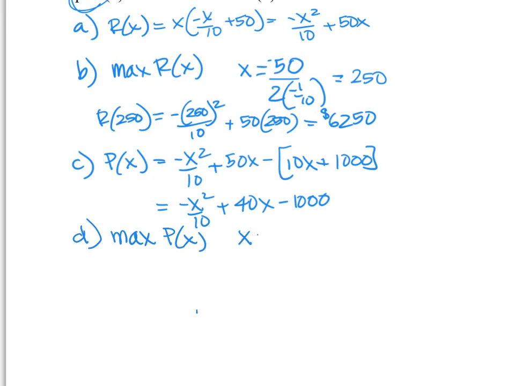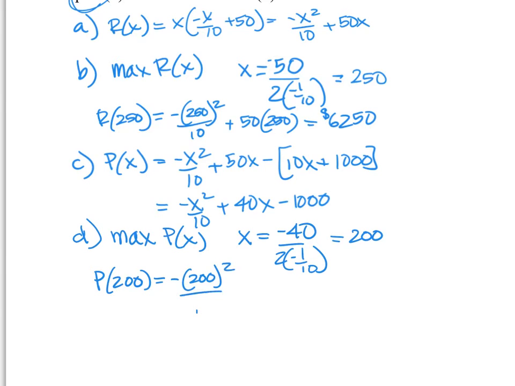Again, we have to do negative b over 2 times a, and we end up with 200. Then to figure out the actual maximum value, we plug the 200 into the profit function. Every place we see the x, we are plugging that in, and when we calculate that, we end up with 3,000. So that is the maximum profit.